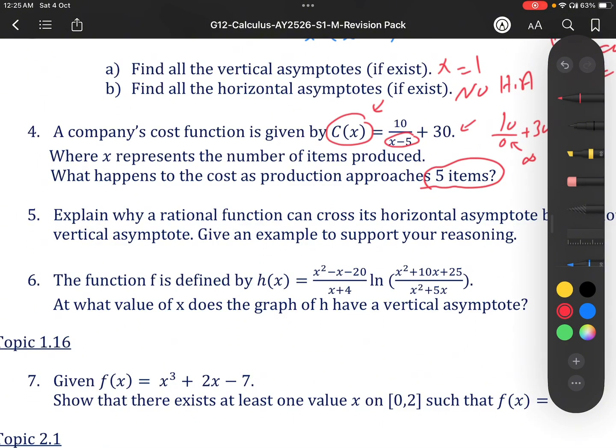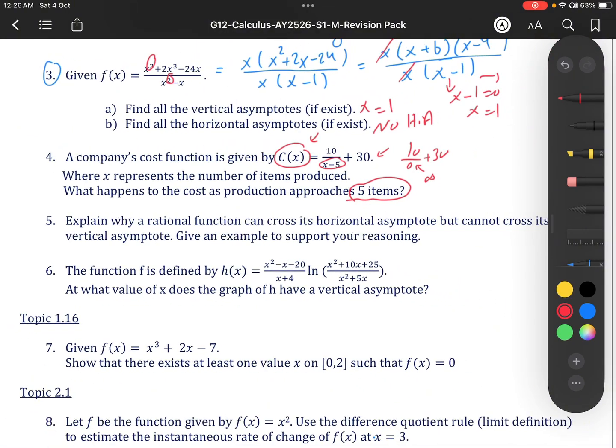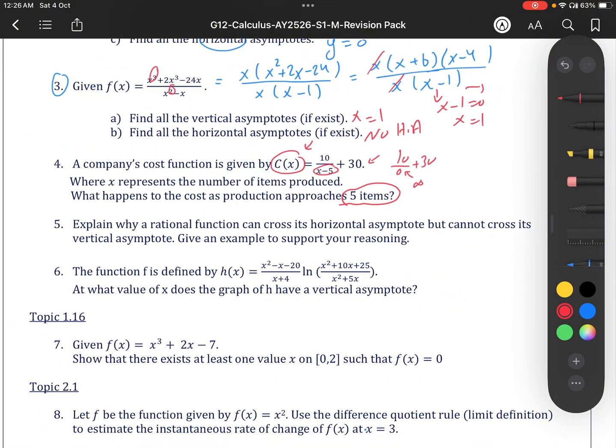Explain why the rational function can cross its horizontal asymptote but cannot cross its vertical asymptote. Vertical asymptote, let me take an example. So let's say we have x over x squared minus 1. If we need to find the vertical asymptote, it's about the denominator.